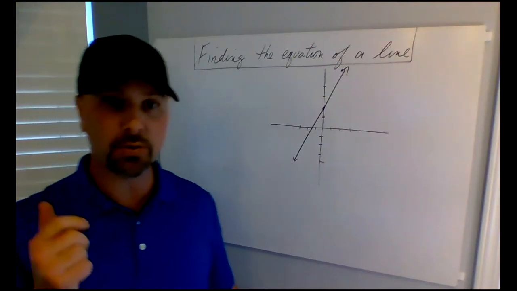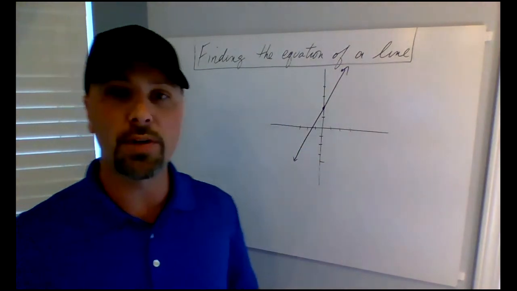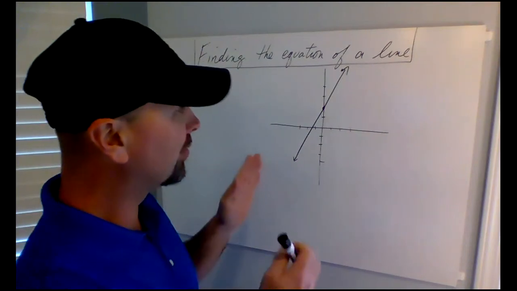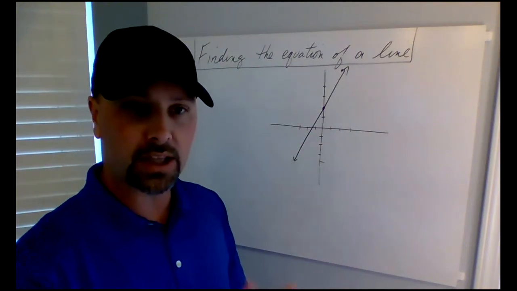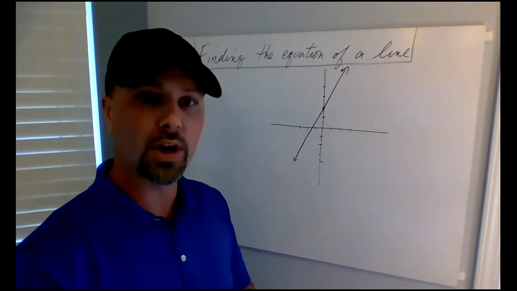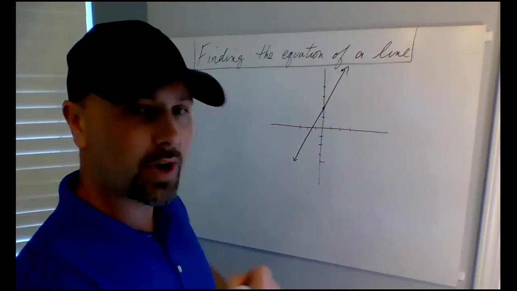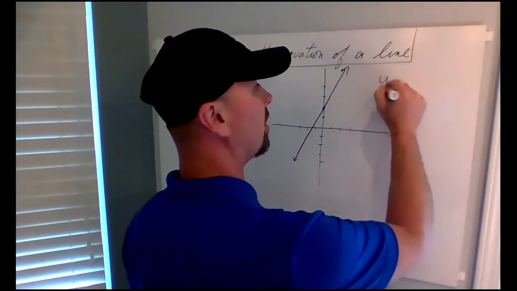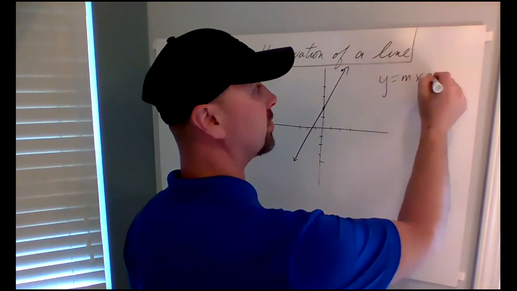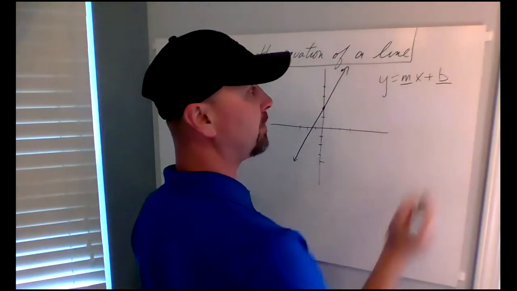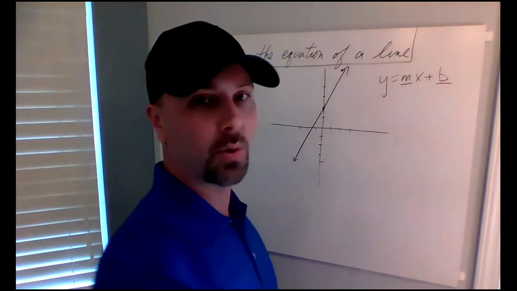Okay, welcome back. So here is a rough estimate of what that looks like on the worksheet. When we look at this, we need to think about what two things we need from this line to write the equation of a line. Always going back to y equals mx plus b, we need m and b, slope and the y-intercept.